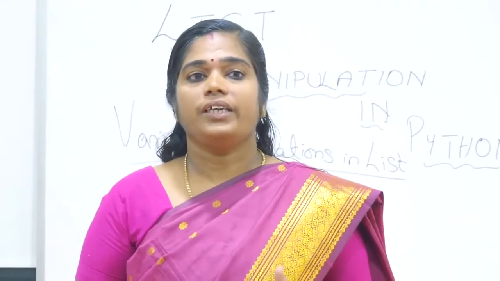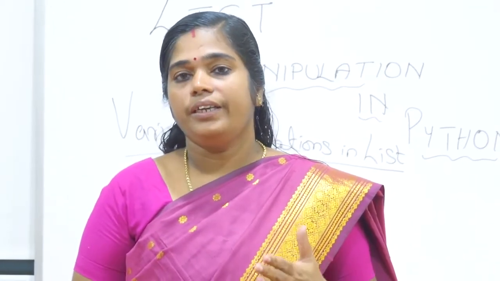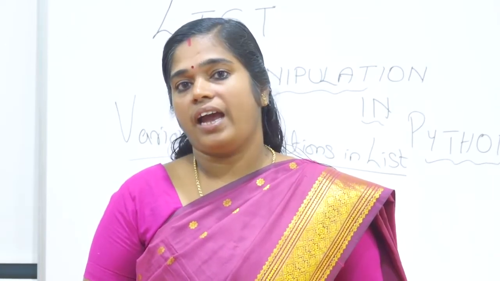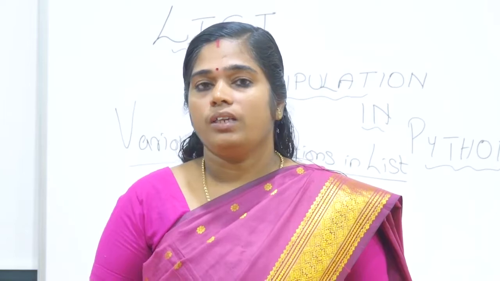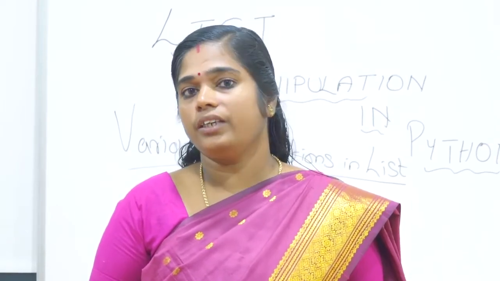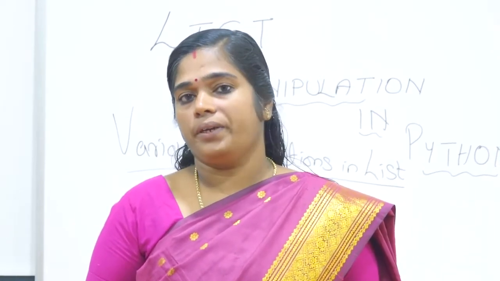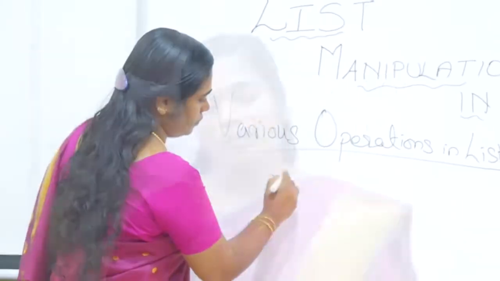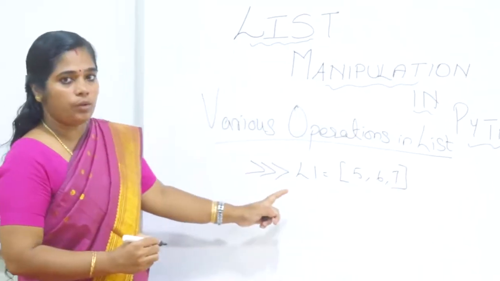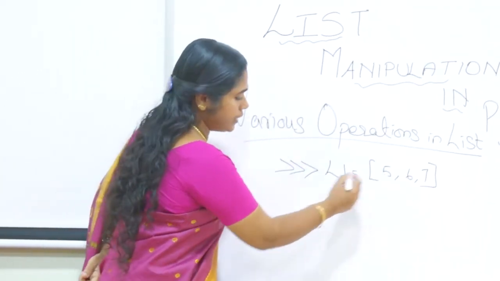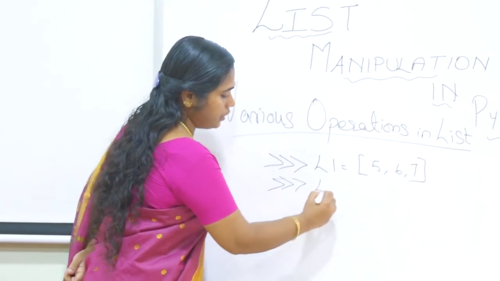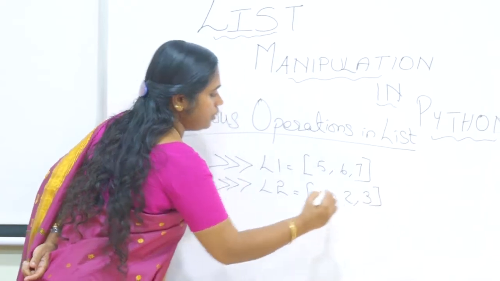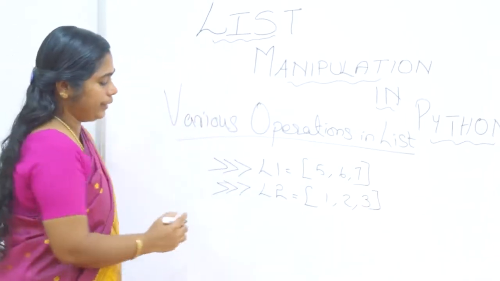In Python, we can do various operations on a list. The operations are joining, repeating and slicing the list. The joining operation can be done using the plus operator by adding two lists. For example, L1 is a list which consists of 3 elements. L2 is another list with another 3 elements.